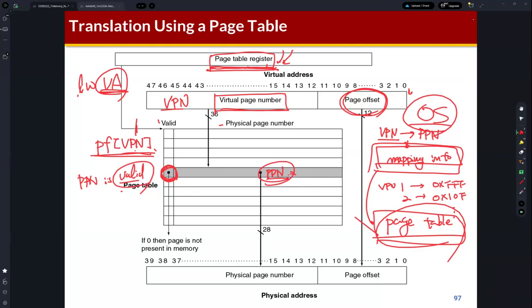If this flag bit is invalid, this is the page fault case, which means the target page exists in the storage system. Okay, so it's a page fault.